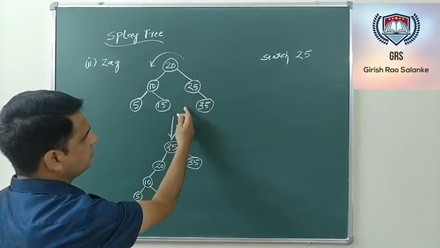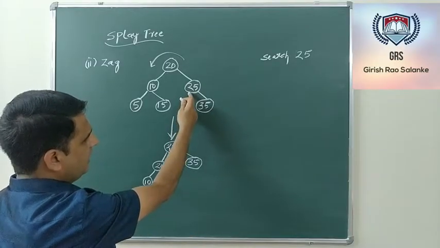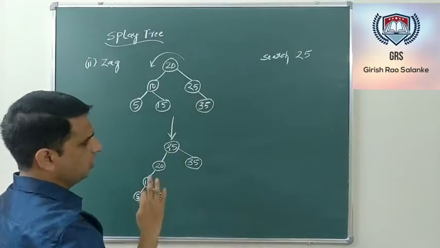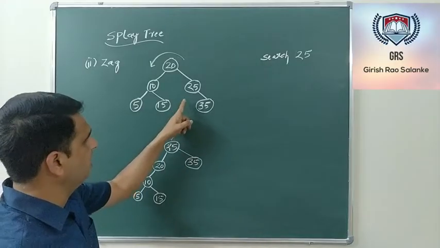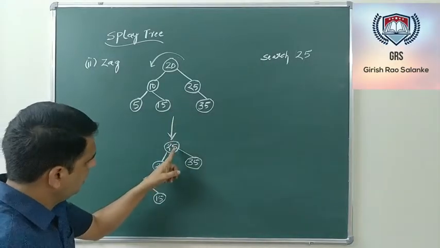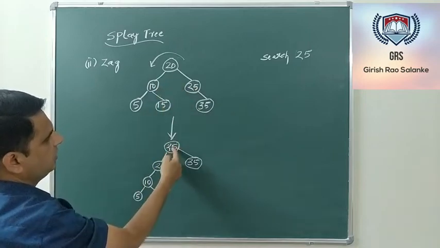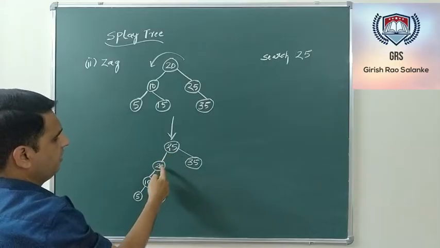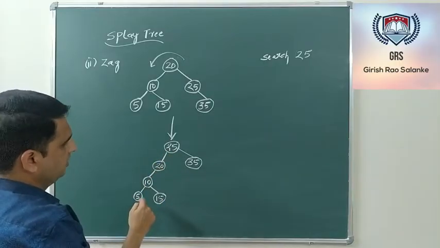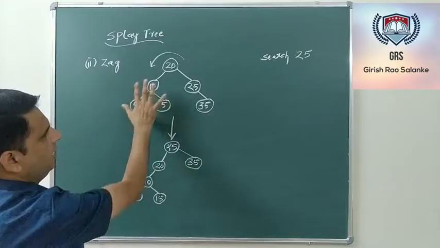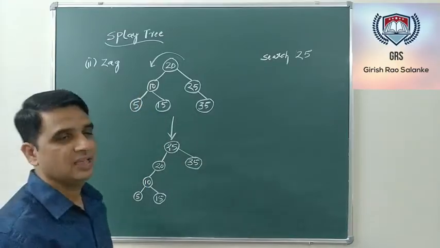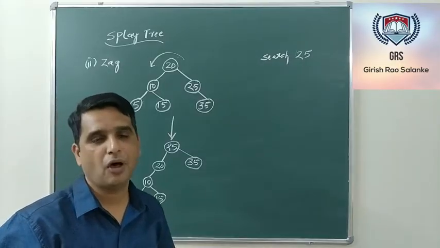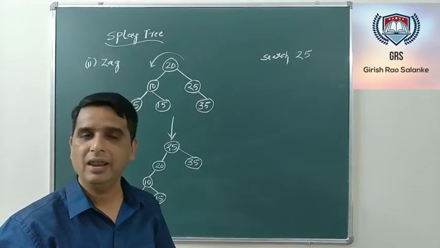If there was any left subtree of this 25, it would become the right subtree of node 20. So 25 becomes the root node, to the right of 25 there is 35, and this 20 becomes the left child of 25, and the remaining things remain as they are. Note that this is called the ZAG operation. ZAG operation is nothing but the left rotation that we have done in case of an AVL tree.